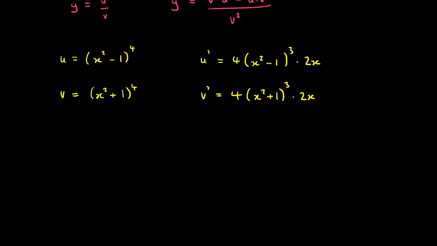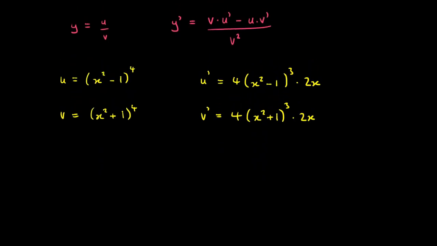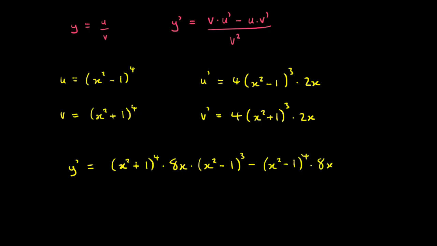So now hopefully I can substitute everything into my formula for the quotient rule. So y prime is equal to v, which is x squared plus 1 to the power of 4, times du, which if I simplify is 8x times x squared minus 1 to the power of 3, minus u, which is x squared minus 1 to the power of 4, times dv, which is 8x times x squared plus 1 to the power of 3.